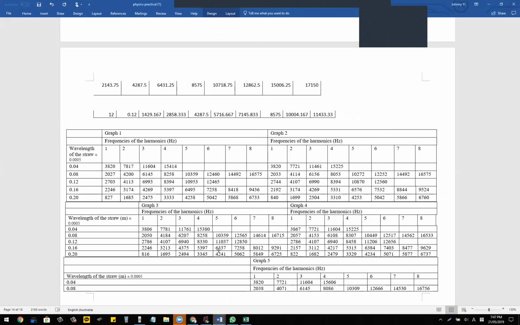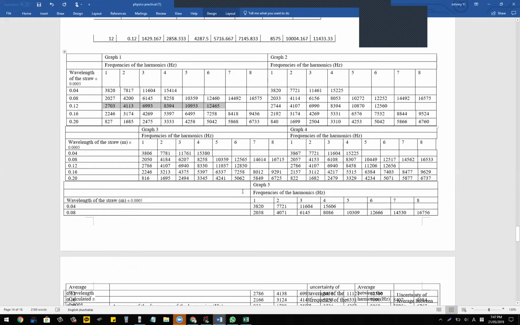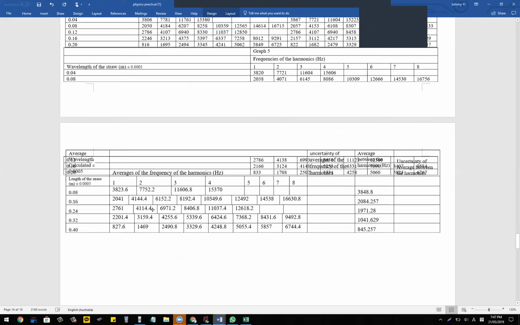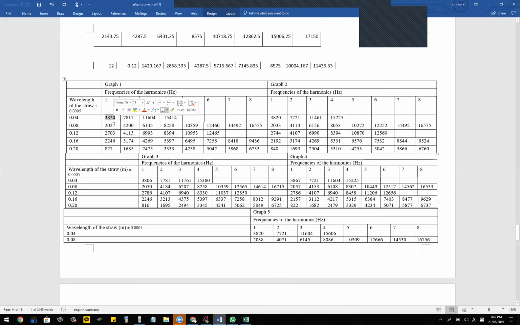So what you need to do is identify which one is 1, 2, 3, 4, etc. for each one of those, and then you will have to take the average. You can't take the average of them unless you identify the n. You've got to match n1 with n1, etc. So I think this one should migrate to here.